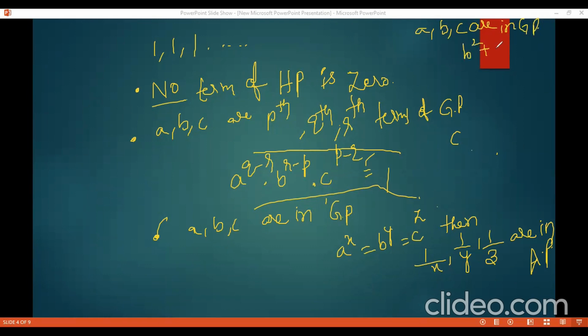B square plus C square by B square plus A square is equal to C by A. This is one rule, an important rule. Got it? Yes. Next.